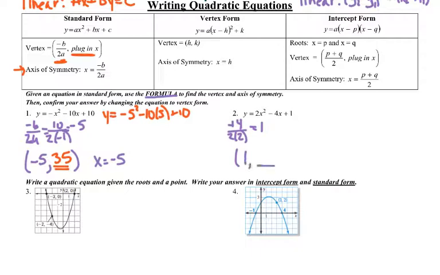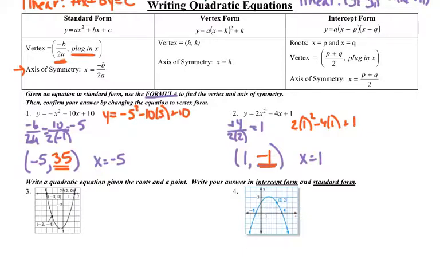So that means that the x coordinate of the vertex is 1, the axis of symmetry is 1, and if I want to find the y coordinate, I would plug it in. 2 times 1 squared minus 4 times 1 plus 1, and that's going to end up being negative 1. So it's actually a pretty nice little formula there, negative b over 2a. They use that formula a lot in pre-calc next year.